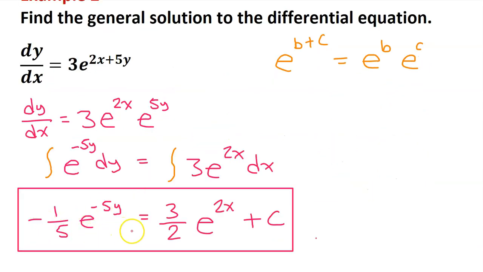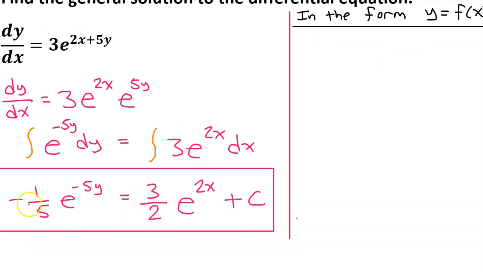This is a valid solution if they don't ask us to find the solution in the form y equals f of x. But they usually do. So let's practice and get y by itself. We can cancel out the negative 1/5 by multiplying both sides of the equation by negative 5.